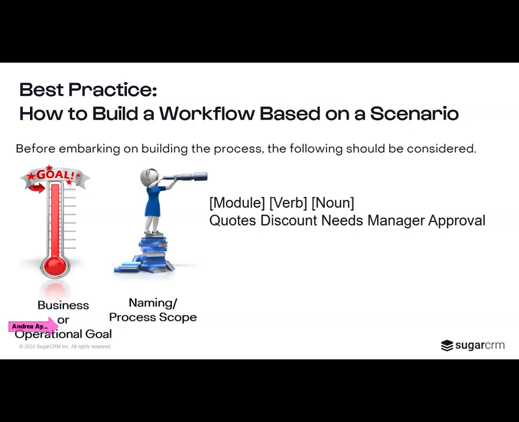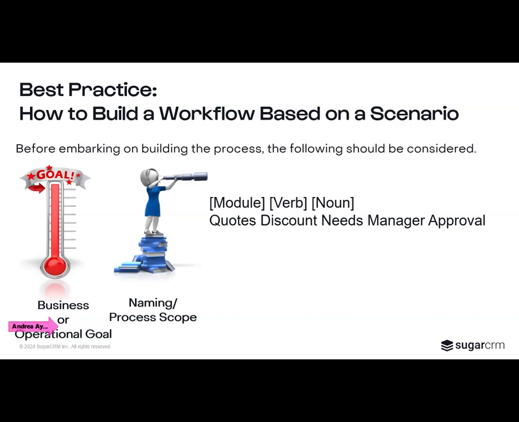One's in accounts, one's in opportunities, one's in contacts. So those are actually 3 different workflows. And the naming of that workflow will help you, and any other admins at your organization, quickly identify what that workflow is about. So the name will help with the scope of that process.